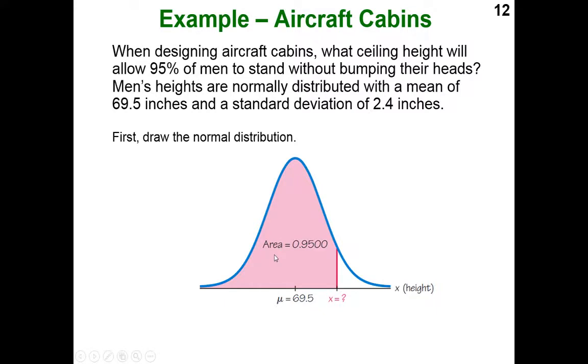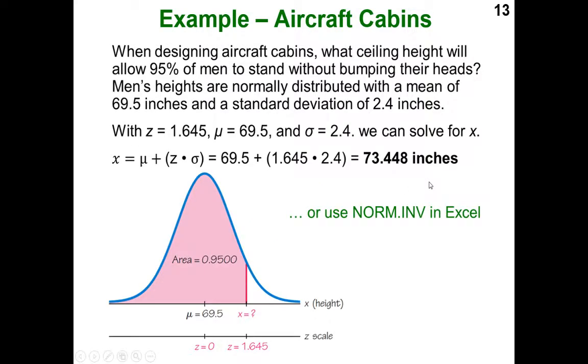Okay, so we're looking for the area to the left. If you're catching on to how Excel works, you know that we shouldn't have to do any finagling with the results that we get from using our Excel function, since this is already the cumulative probability from the left. So we can calculate that.